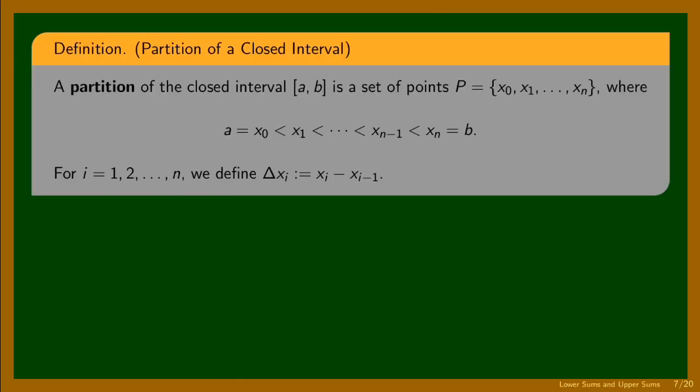So to start formally, let us first define what we mean by the word partition of the closed interval.